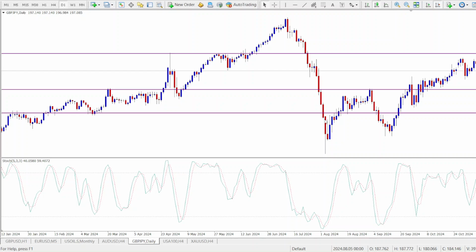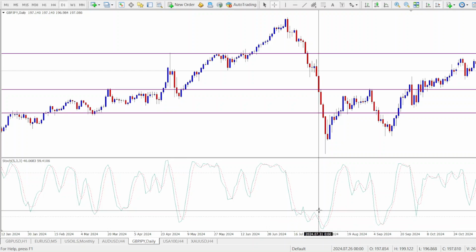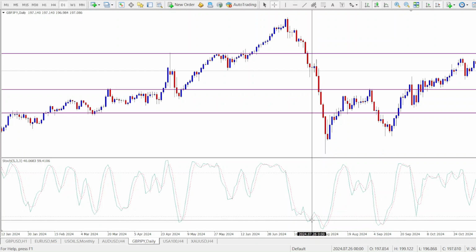So we should have probably exited our trade somewhere around here, where we had a bullish crossover within the oversold territory.